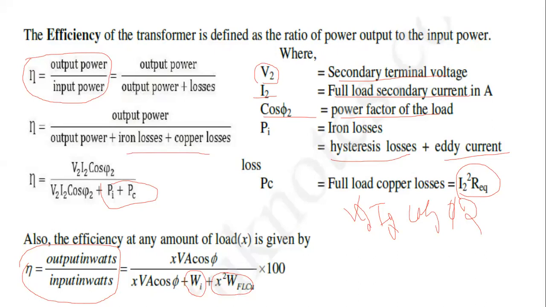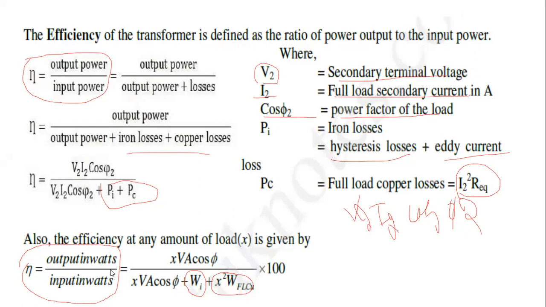We are substituting input equal to output plus losses. So efficiency is output by output plus losses. What are the losses? Basically we have two types of losses, iron losses and copper losses. Iron losses are Pi and copper losses are Pc.